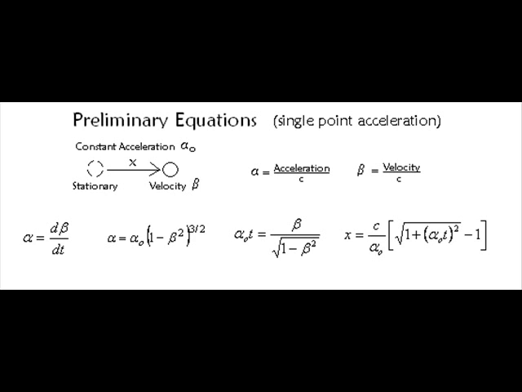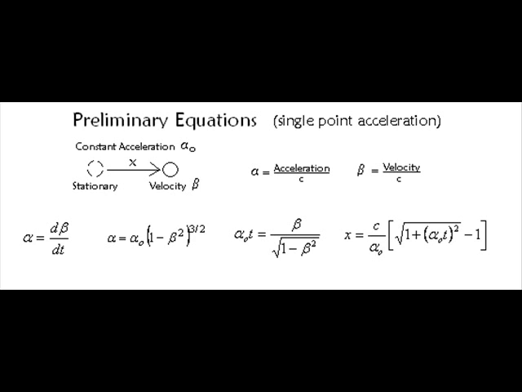The time it takes to accelerate to velocity beta is shown by the third equation at the bottom of the illustration, and the distance it takes for the object to achieve speed beta is shown by the last equation there, distance x, in the illustration.